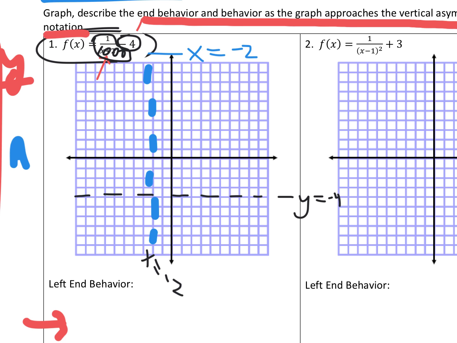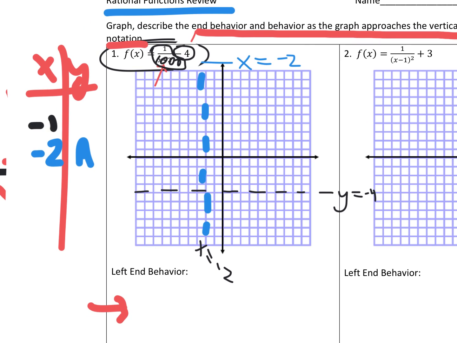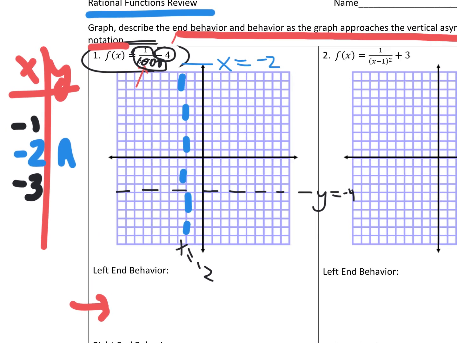Okay, now if I want to generally know where my graph is, it's generally going to be in here, but I need to be more specific when I'm actually graphing one of these. So I go on either side of the asymptote and I pick a number, like for instance, -1 and -3. So if I put in -1 into this function, let me clean it up here a little bit.